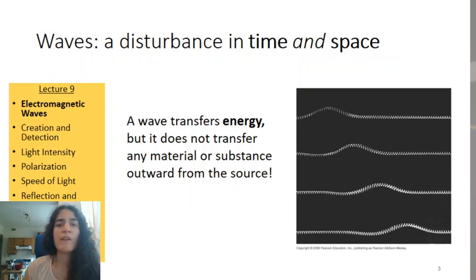A wave would be a disturbance in both time and space, right? And so we think of a wave as something that transfers energy and thereby transferring information, but it does not transfer any material or substance away from the source, right?